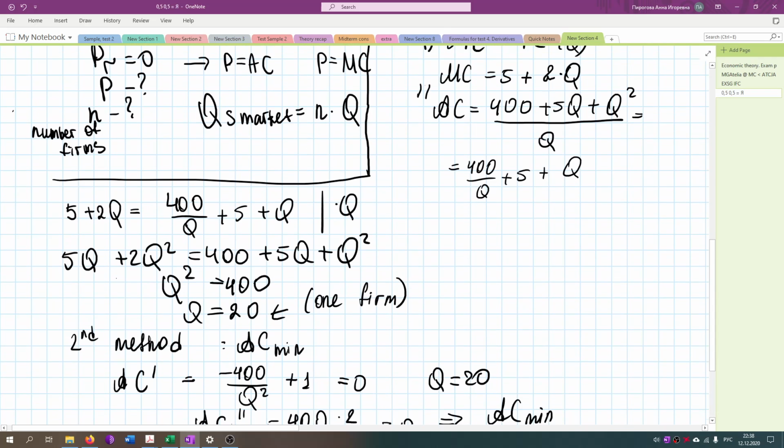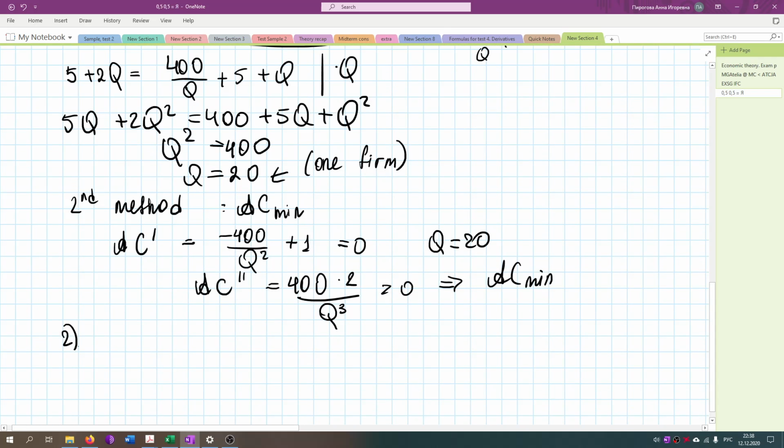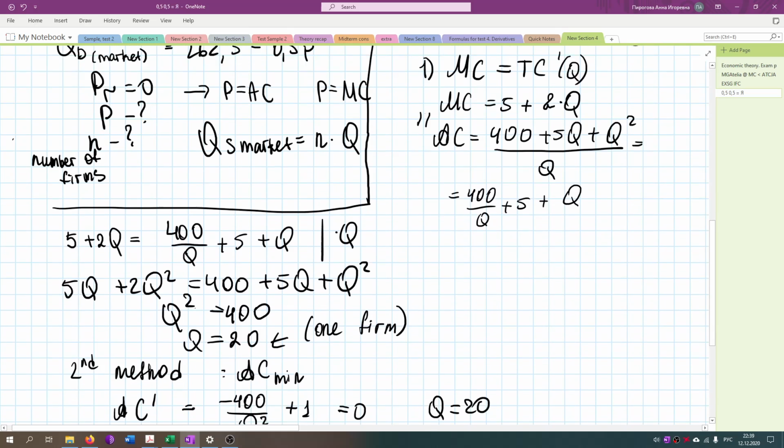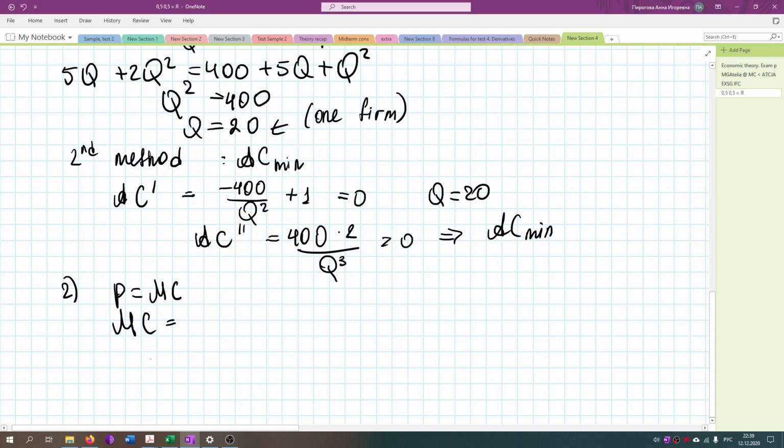So our next step, price is equal to marginal cost. Marginal cost, we know the equation of marginal cost, 5 plus 2Q. So we take our quantity and put it here, 5 plus 40, 45.